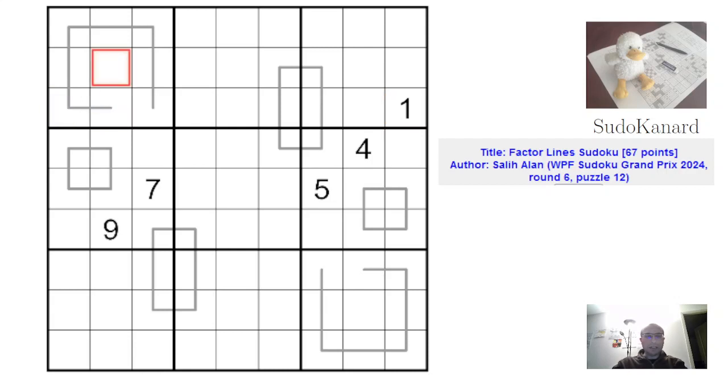So 7 is not on the line. And something similar is happening with 5 on this line, because now 5 can't be here. It could be here or it could be here, but with a neighboring 1, which is not available. So the geometry is similar, and 5 is here.